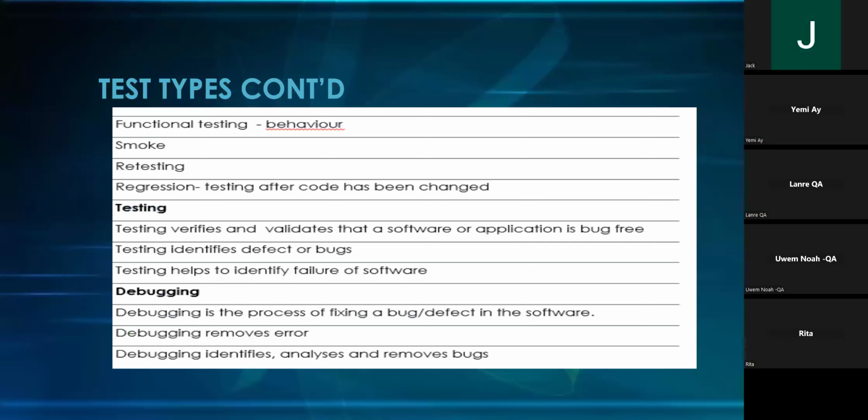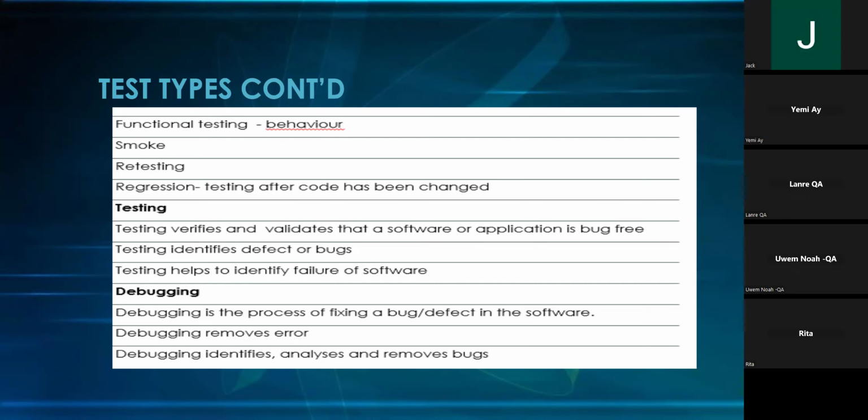So types of testing continued. We've got functional testing, which includes smoke testing, retesting, regression. Testing verifies and validates that the software or application is bug-free. Testing identifies defects or bugs. Testing helps to identify failures of software. What is debugging?